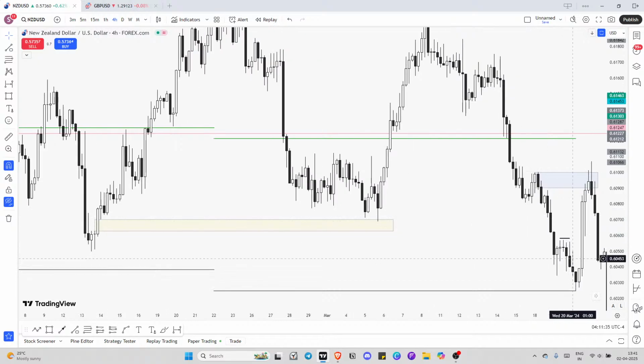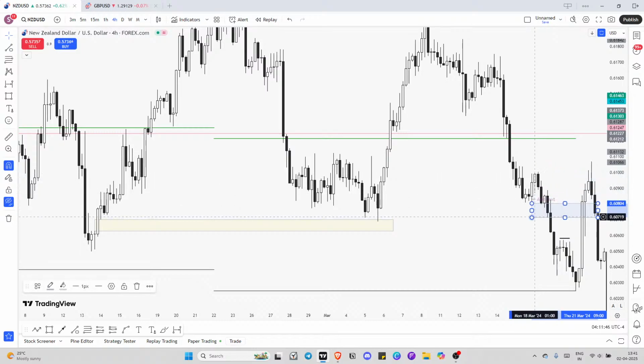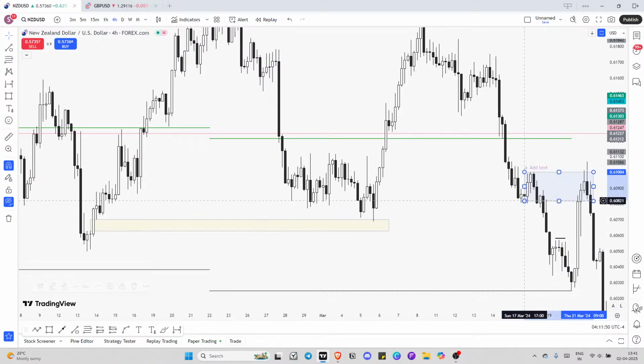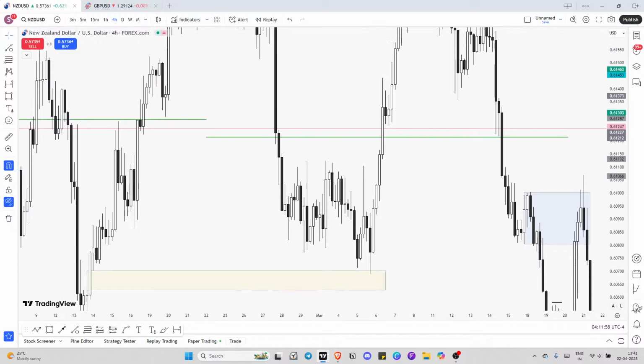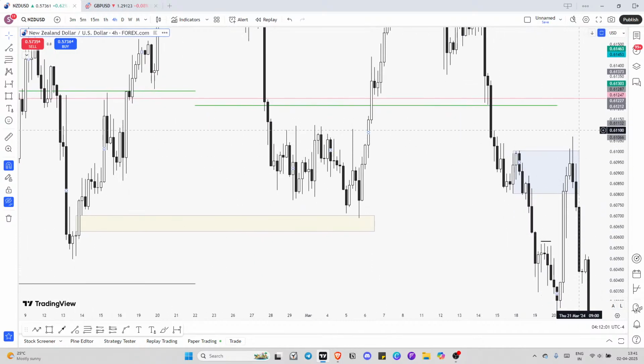Came to the nearest order block. With the FVG here, you can see this will have a higher time frame FVG or order block above, or some liquidity, right?